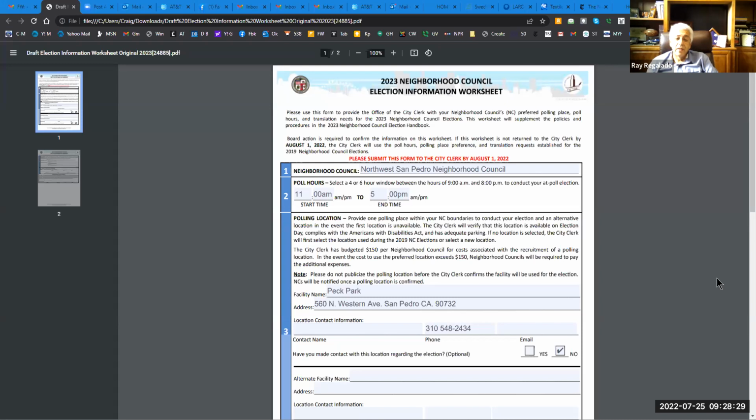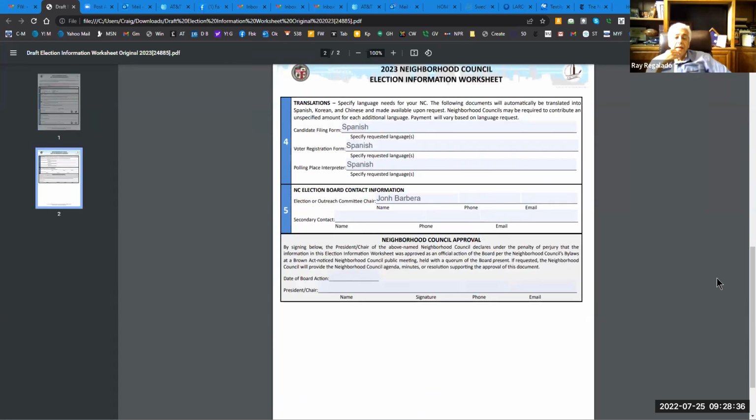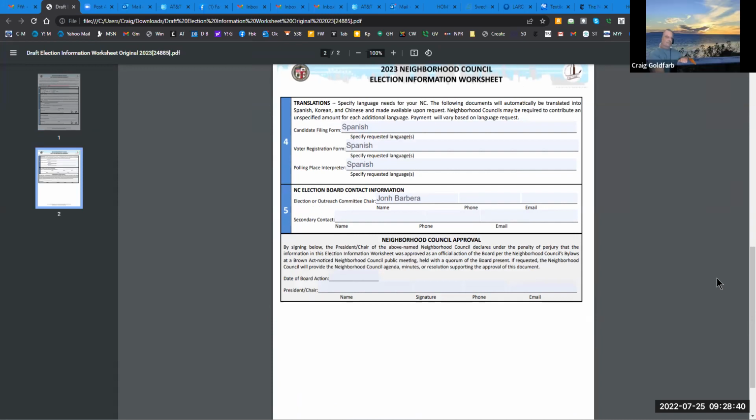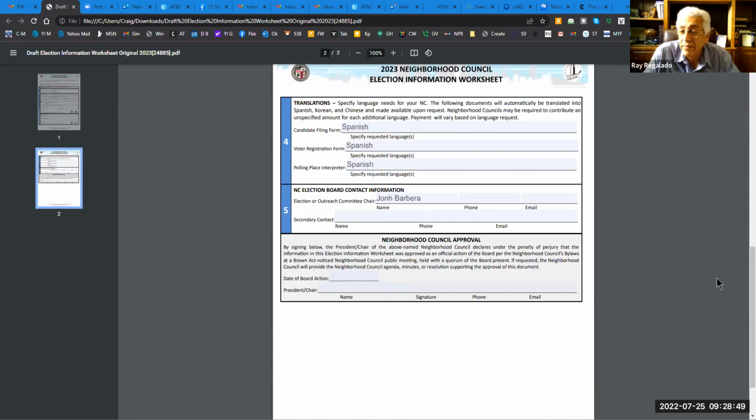Okay, item number 4. Let's see, I hear Mishka. I have to close the window. They're asking for other languages. They have up there, if I remember correctly, Spanish, Korean, and Chinese as alternate languages. I put in Spanish.